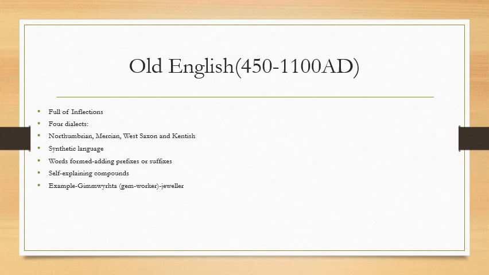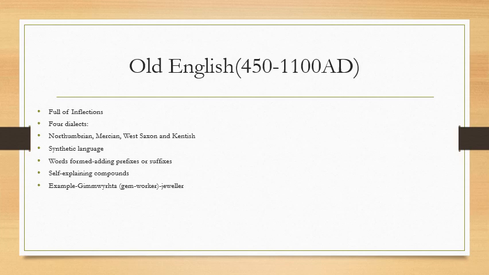Let's say, because Old English is derived from so many languages, I have written here Gimbrita. Now you might not be aware of this word, but in today's modern language this means gem worker, which is jeweler.